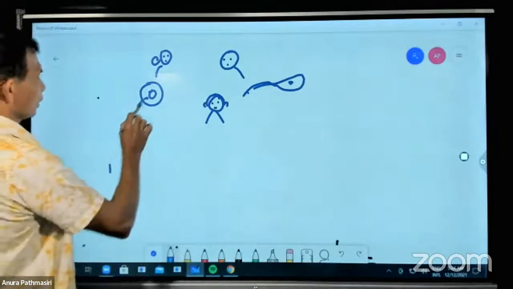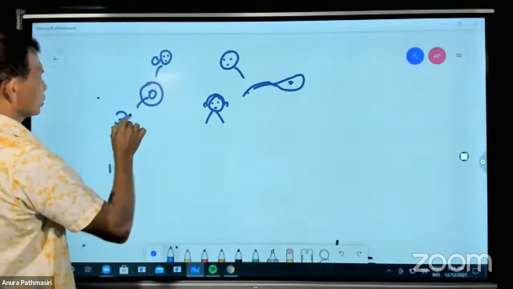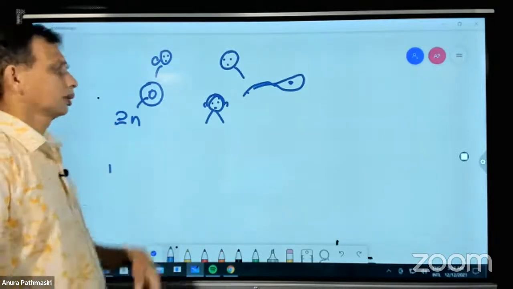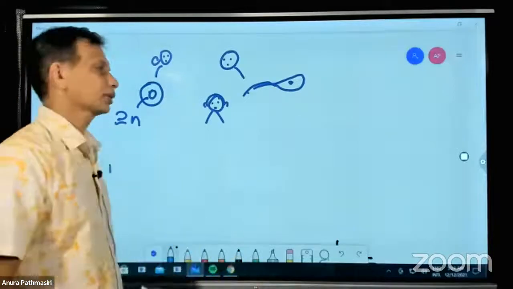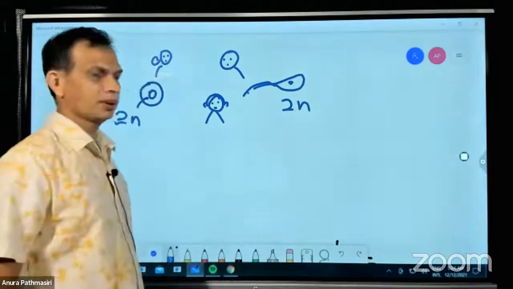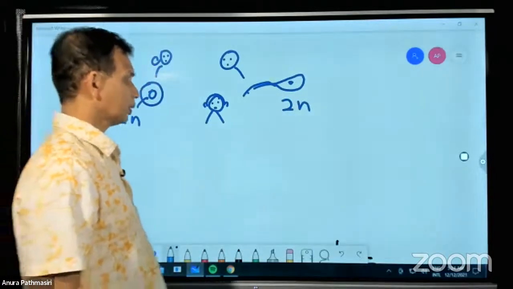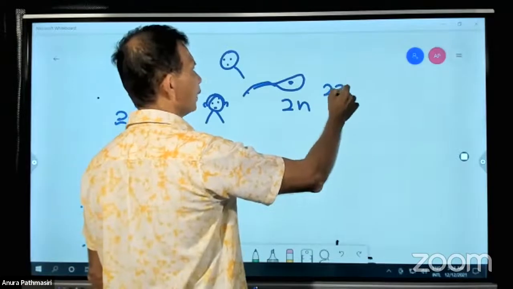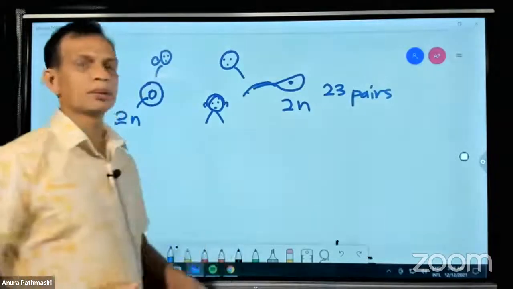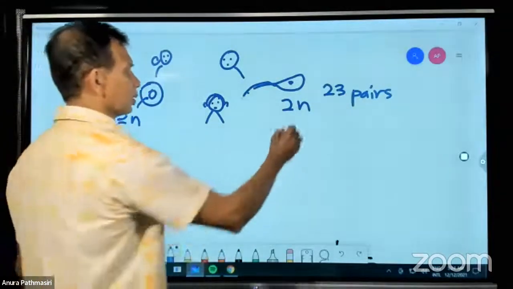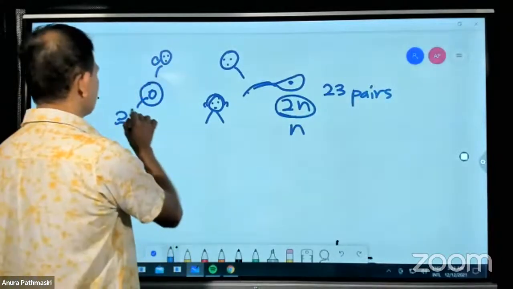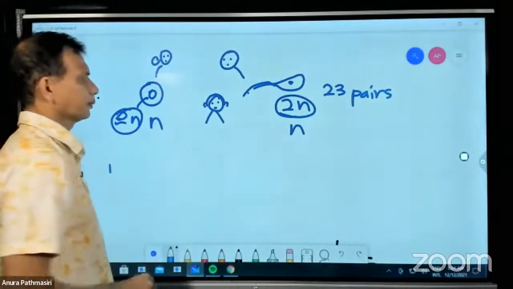That means mother has 2n, I mean 23 pairs of chromosomes. Father has 2n, 23 pairs. When meiosis occurs, this is halved, so you have n, and this one has n.